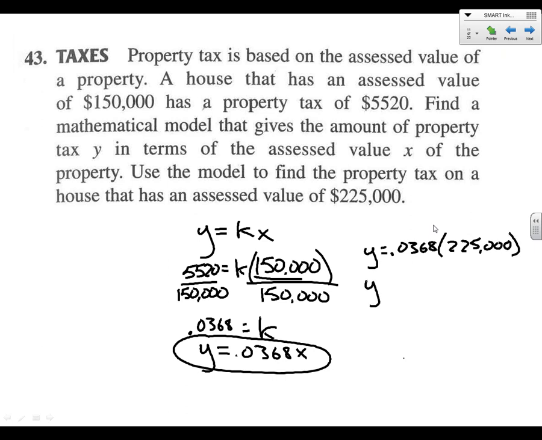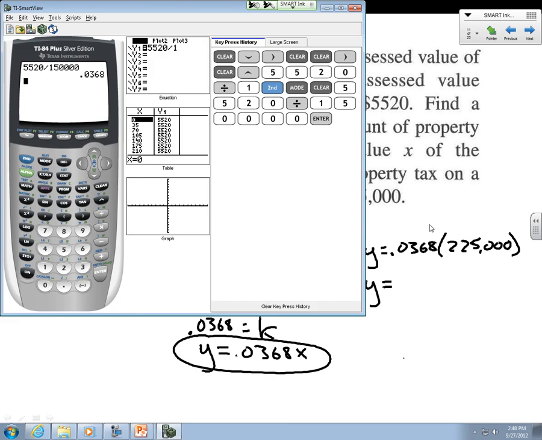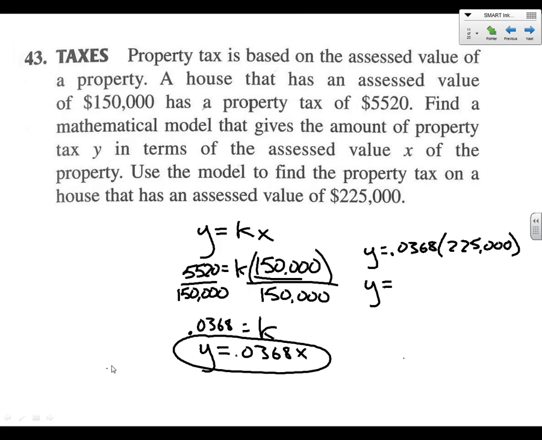And so y equals 0.0368 times 225,000 and 8280 is what we get.